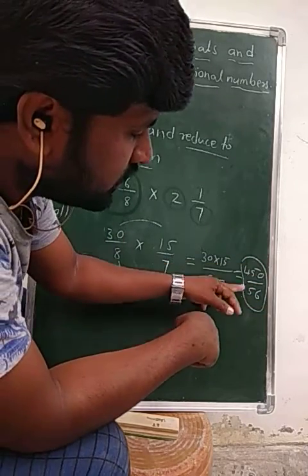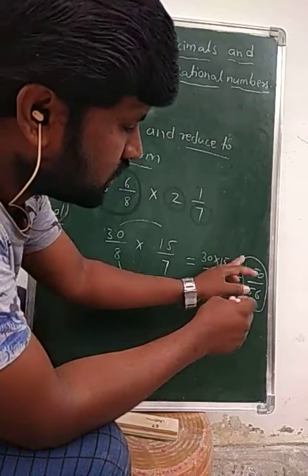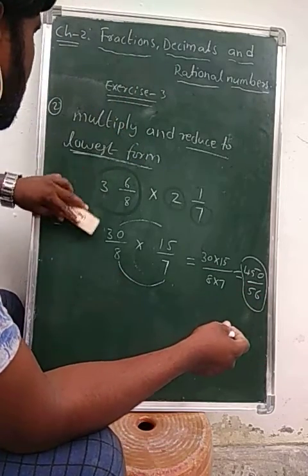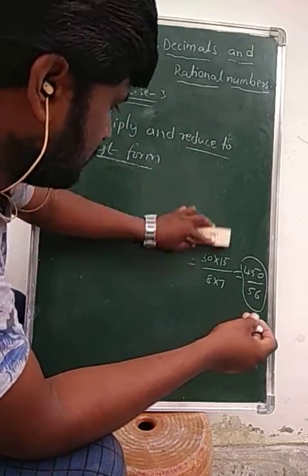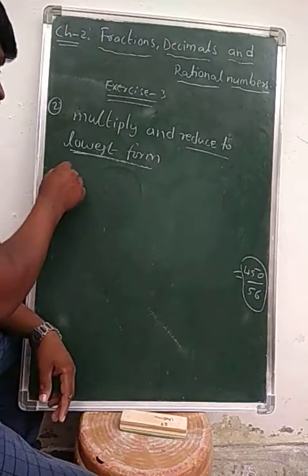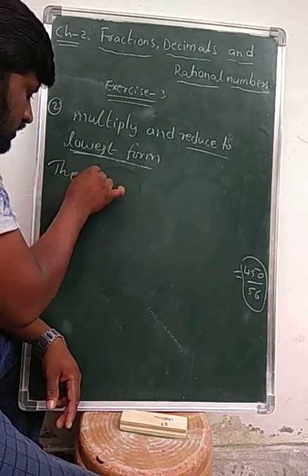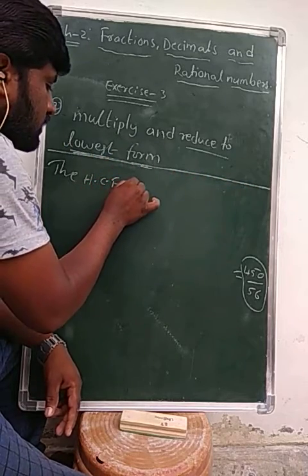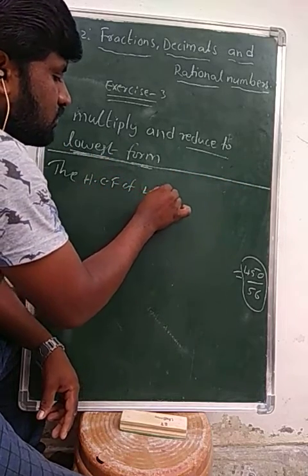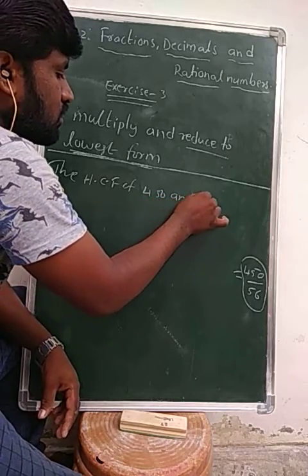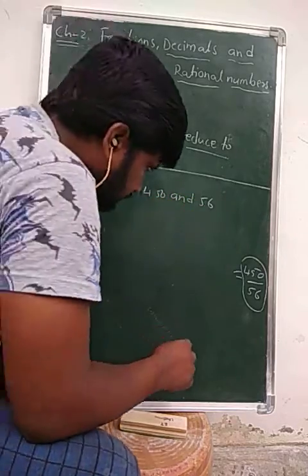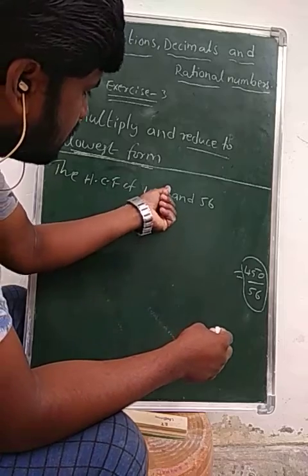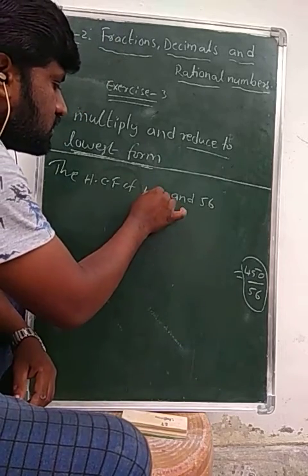We need to find their HCF. Okay? First we find the HCF of these two. The HCF, the highest common factor of 450 and 56. 450 and 56.